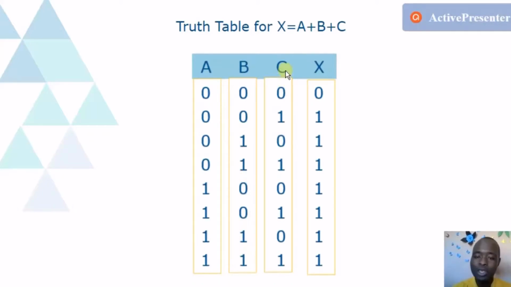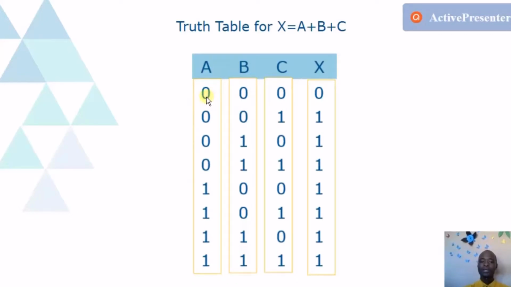Then the third input, you represent it as 0, 1, 0, 1, 0, 1, 0, 1. Now we can look at the output. We can now get our output from this.